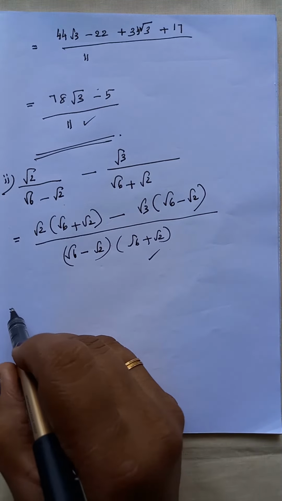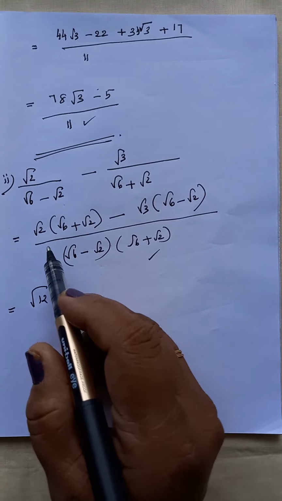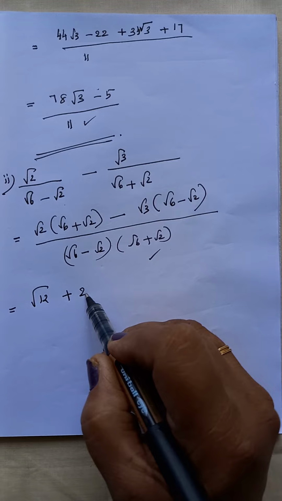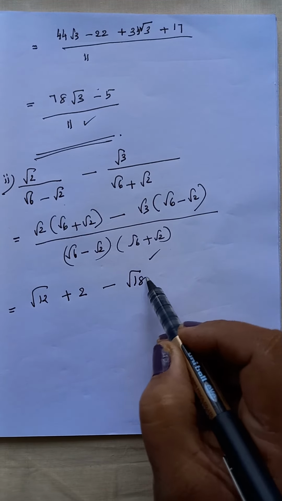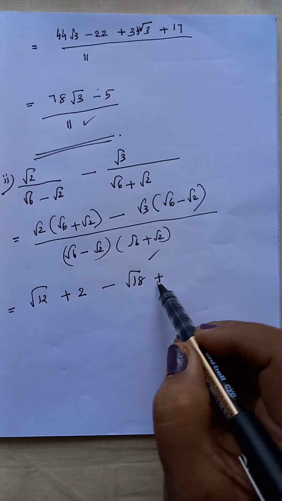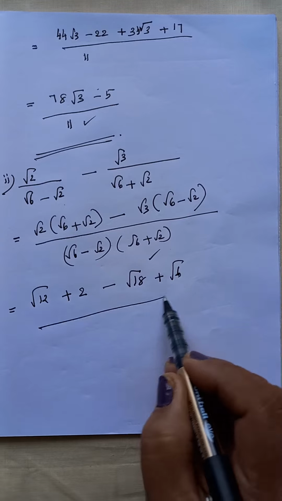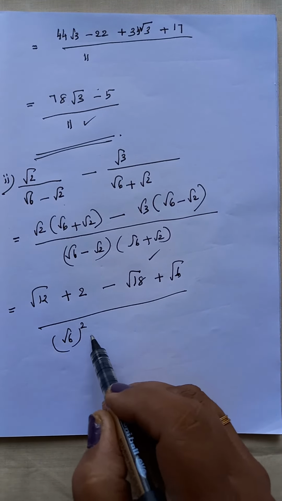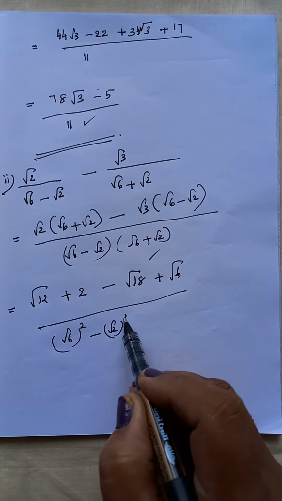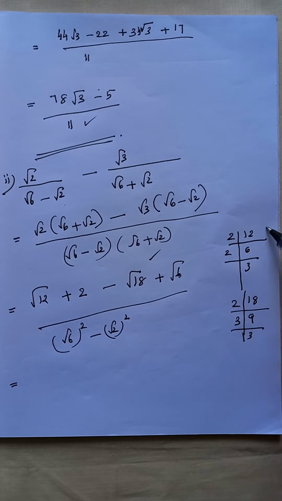Now this is equal to root 2 into root 6, that is root 12, plus root 2 into root 2 is 2 minus root 3 into root 6 is root 18, minus into minus is plus root 3 into root 2, that is root 6, divided by, this is a minus b into a plus b form. So root 6 square minus root 2 square. This is equal to, here we have factorized this 12 and 18.